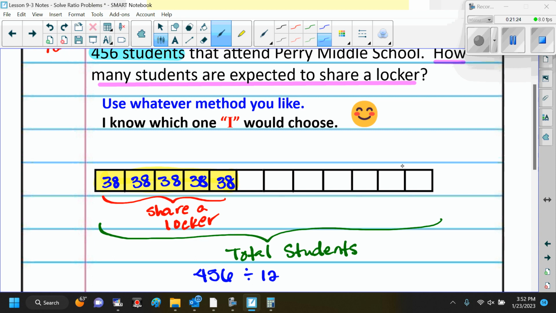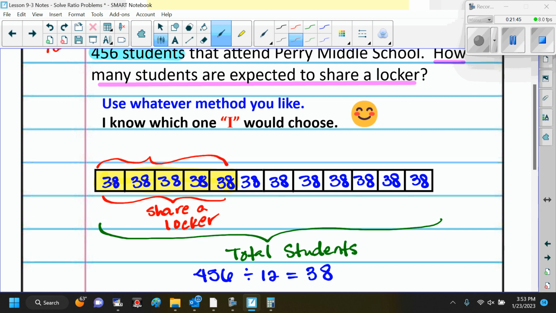Okay, and I'm going to go ahead and write it in all of them. All right, and so here, 456 divided by 12, that gives me 38. And now, that's how many is in each box. And now we want to know what this is equal to. How many share the locker?